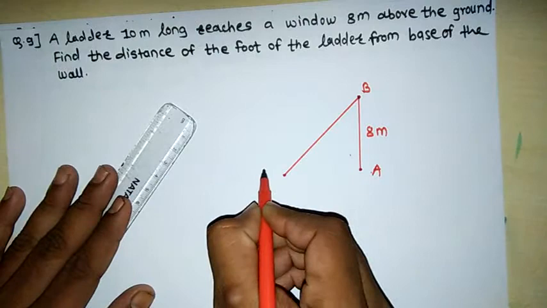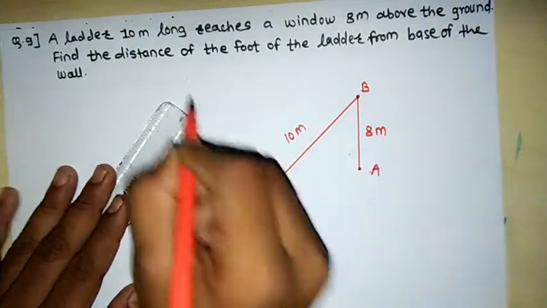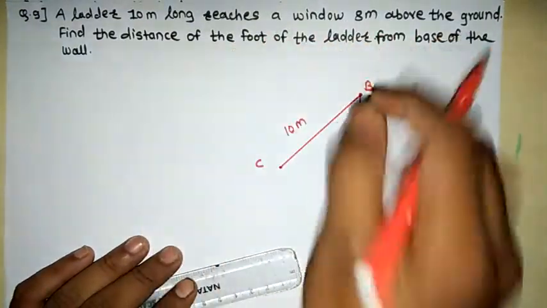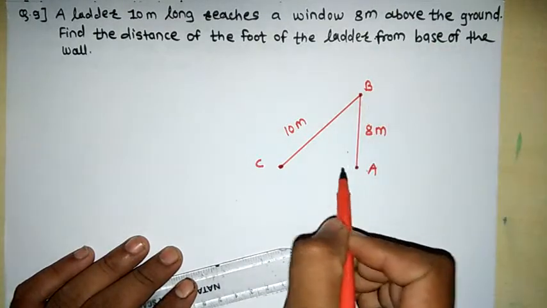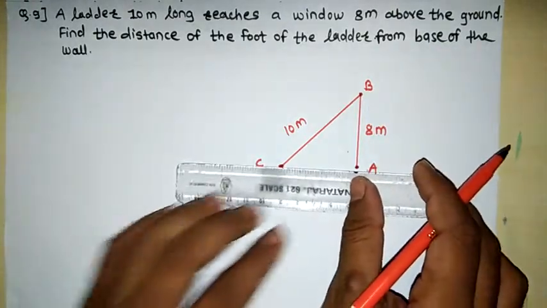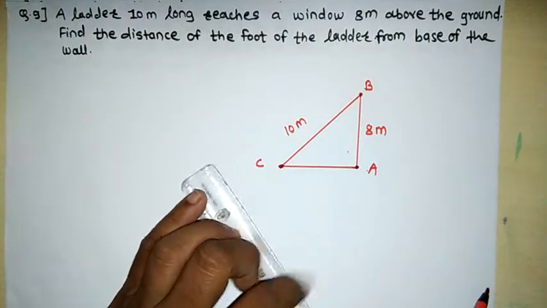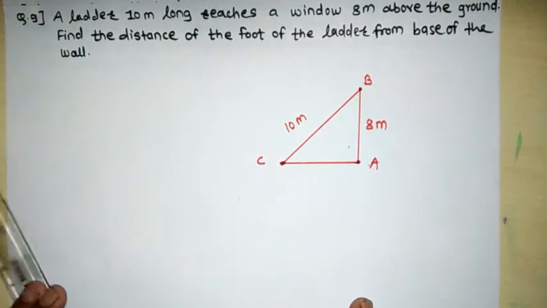This is point C, and BC is a ladder of 10 meter long. Now we have to find the distance of the foot of the ladder from the base of the wall. AB is the wall. Therefore, we have to find this distance AC, that distance we have to find here.